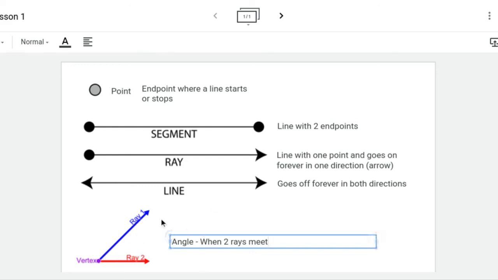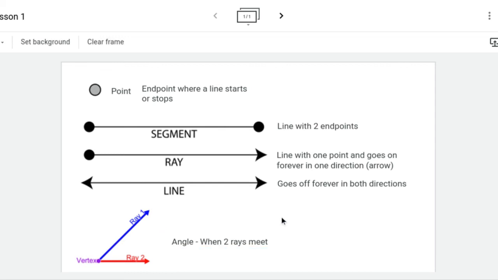So again, this is a ray, endpoint, arrow on the other side. You notice there's a ray there, and it meets with ray 2, and together they form this angle. That's what an angle is, the meeting of two rays.